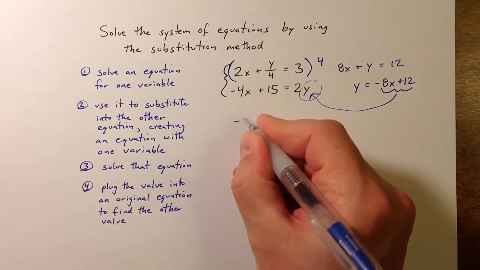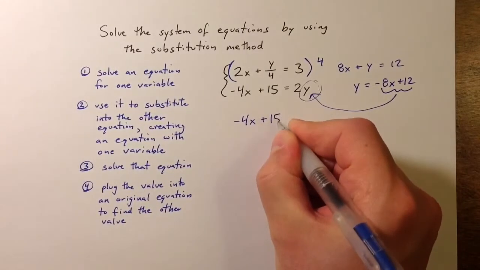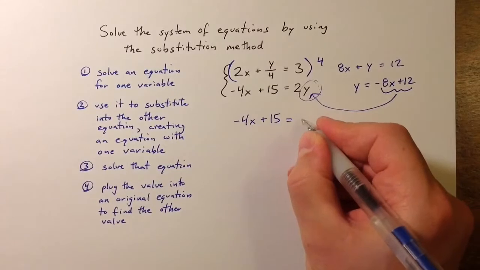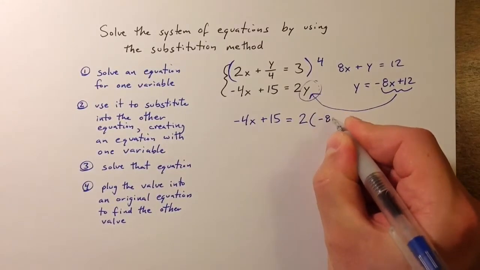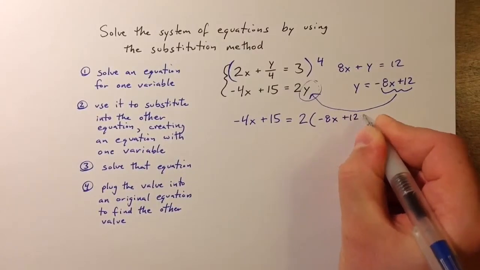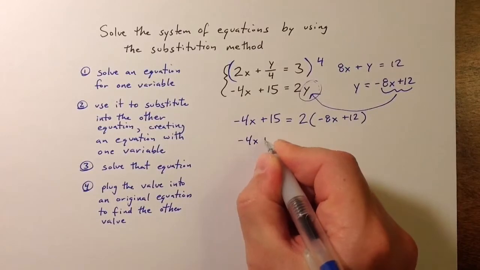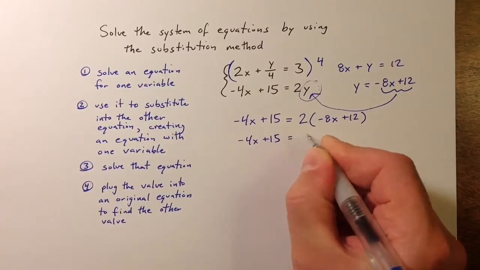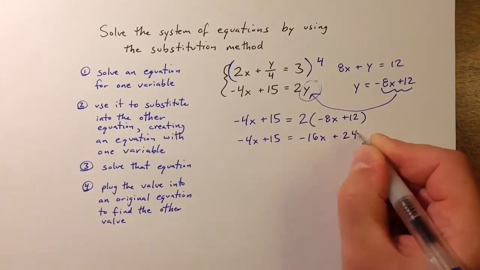So my problem becomes solving the equation negative 4x plus 15 equals 2, don't forget about the 2, times negative 8x plus 12. So I get negative 4x plus 15 equals negative 16x plus 24.